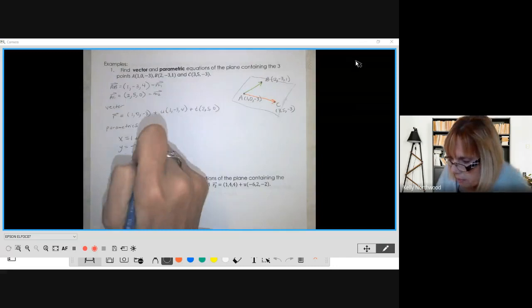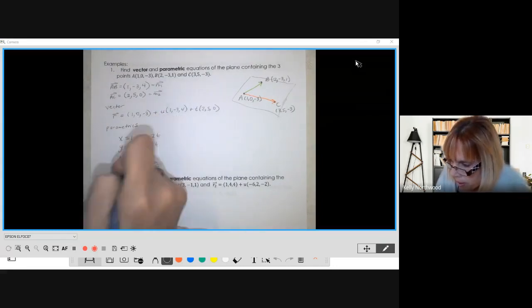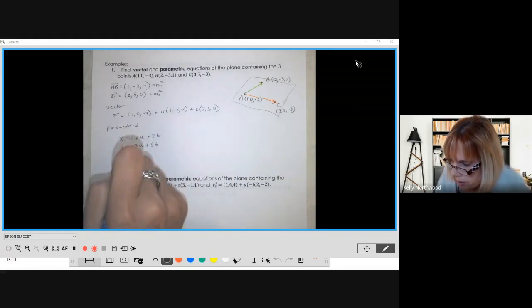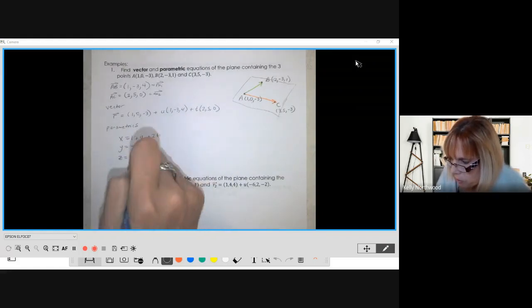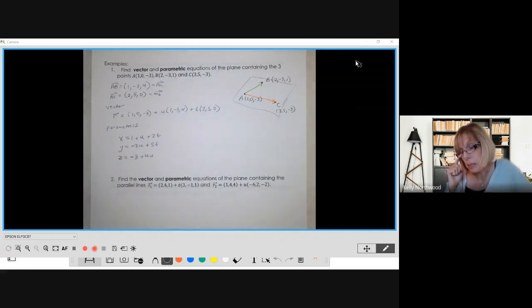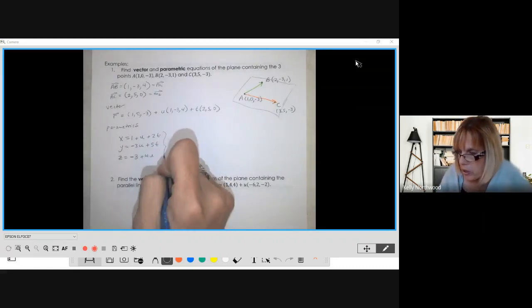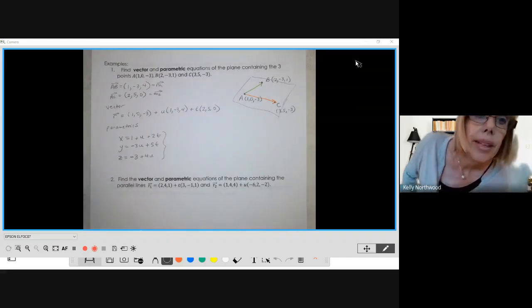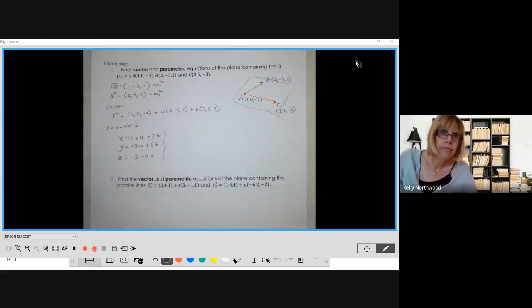Or sorry, plus 5t, my bad. And z is going to be -3 plus 4u plus 0t, which I don't need to show. So those would be my 3 parametric equations. Any questions for that one?